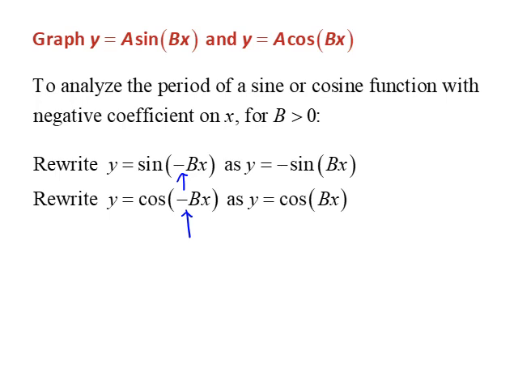If the argument is negative here, the output is negative, and this is because sine is an odd function. And if this input is negative, the output is positive, and this is because cosine is an even function. Sometimes this comes up. It doesn't happen that often, but I'll show you an example in the next slide.